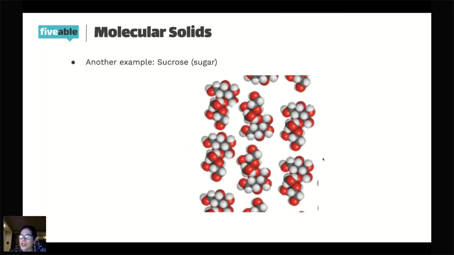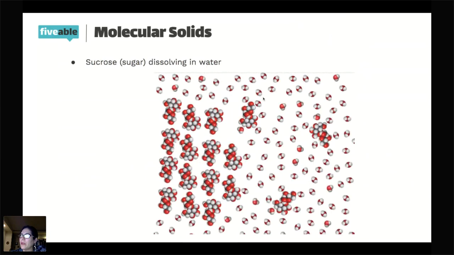Okay, so how does sugar dissolve in water? When sugar dissolves in water, the intermolecular forces also interact with water, and water molecules surround the sugar. But the difference here is that the molecule is not broken apart into ions because there's no ions here.